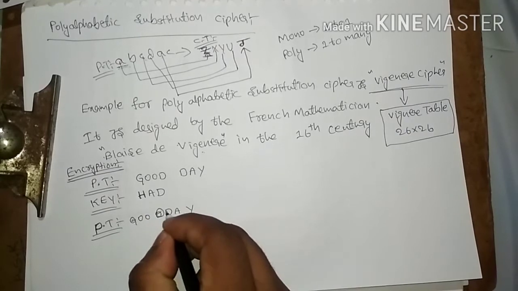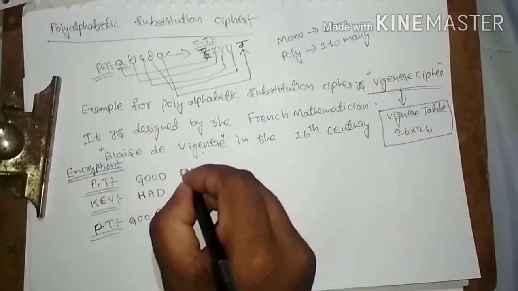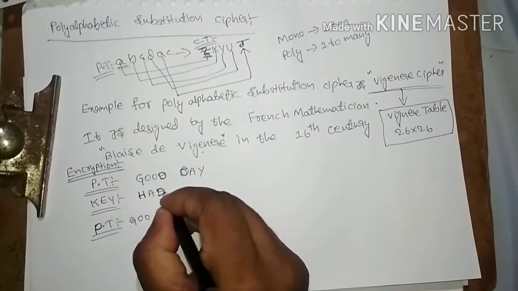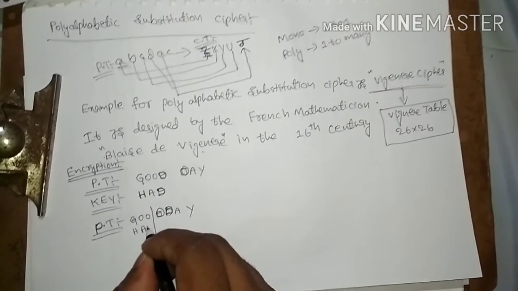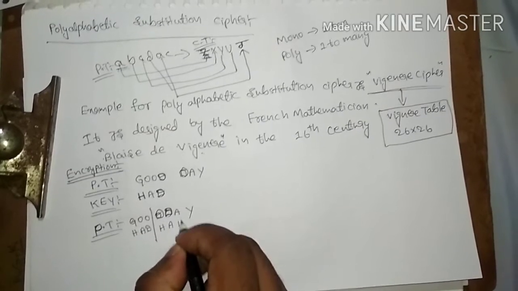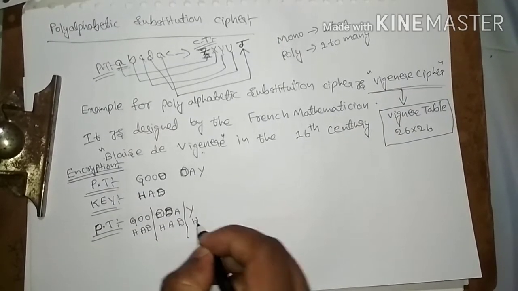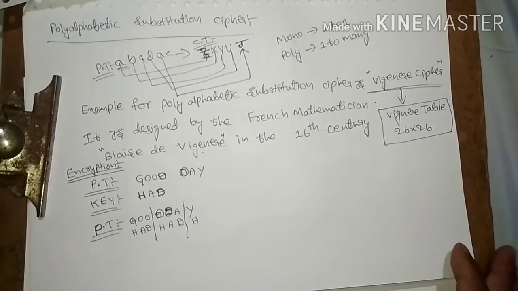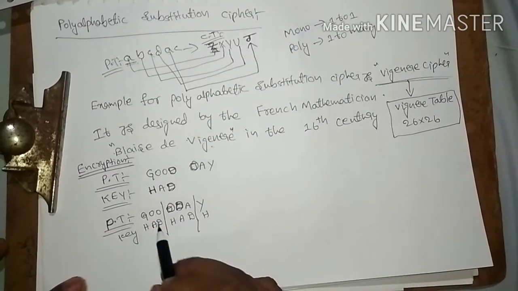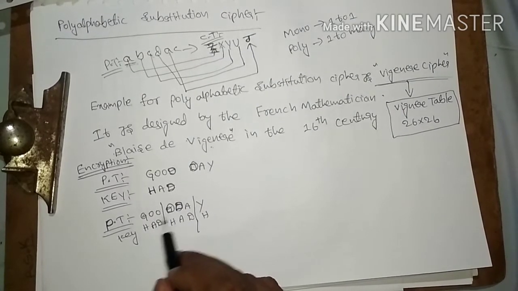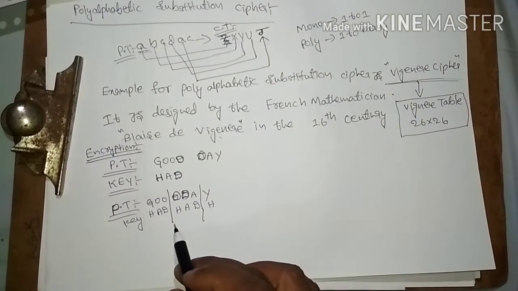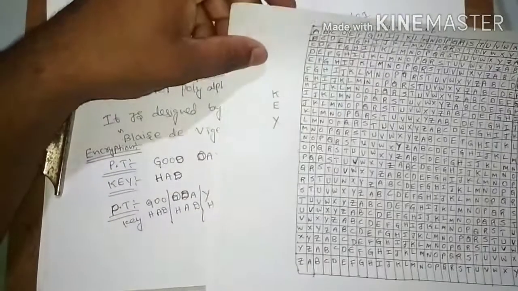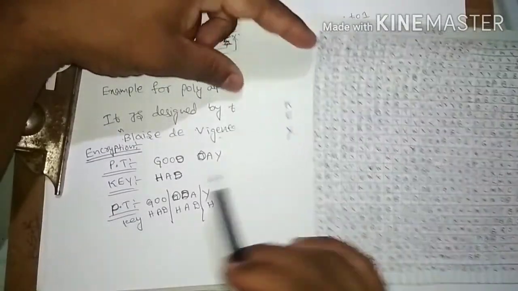Key is had. We are dividing this plain text into three characters and we apply this key had, and again repeat had, and again repeat H. After this we have to choose the combination, that means the diagonal element for these two.